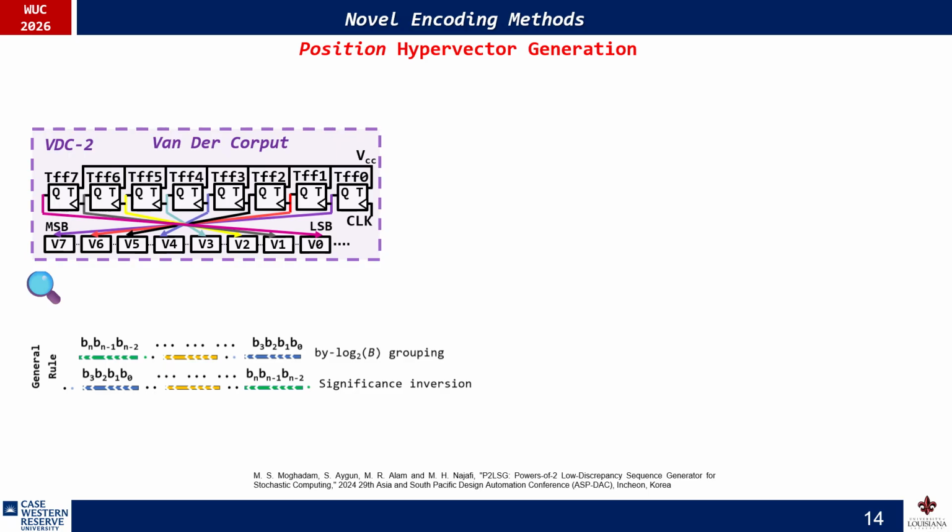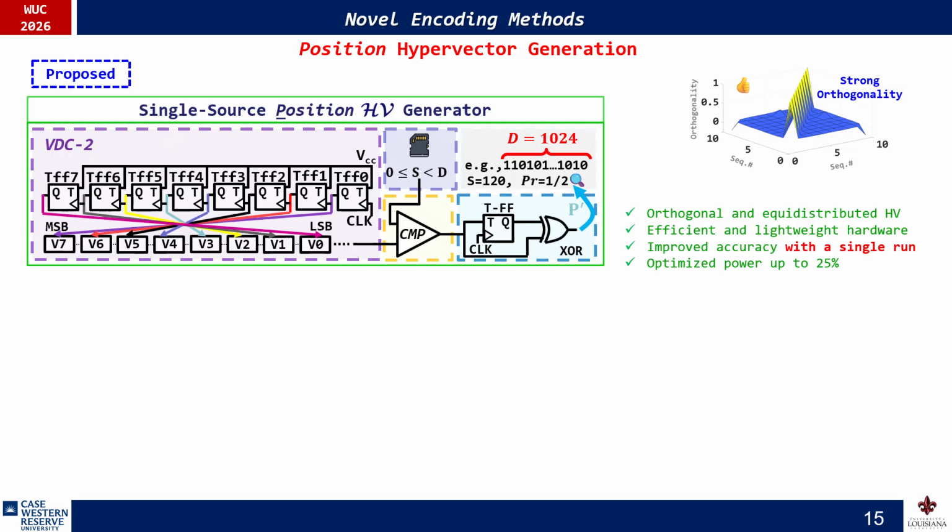There are some other alternatives, but in this work we're just using this simple hardwiring most to least significant bit conversion. After generating this, by using the comparator, we have different types of generations, and we can generate n different symbols.